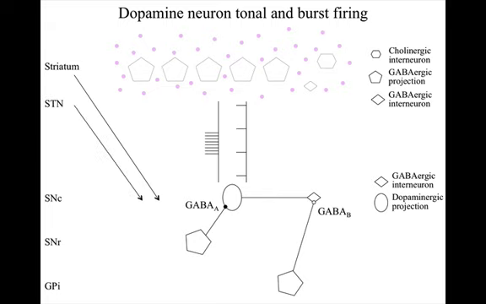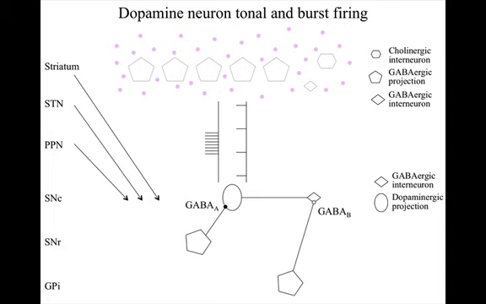The STN also targets the SNC and can have both excitatory and inhibitory effects on the dopaminergic neurons, probably also involving SNC interneurons. And finally, cholinergic neurons in a structure called the pedunculopontine nucleus, the PPN, also target the dopaminergic neurons. The PPN gets inputs from the GPI, SNR and also the STN.